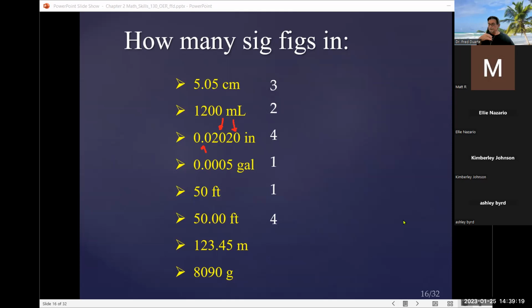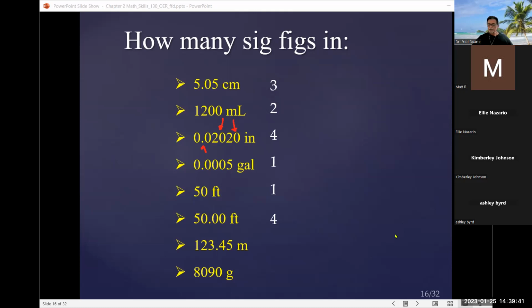And the 50.00 could be maybe a laser beam measuring the length of that room. Okay, the 50 is the least accurate because it's an estimate. With that zero, the true value can be anywhere from 49 to 51. Okay, which is like a 2 feet range.